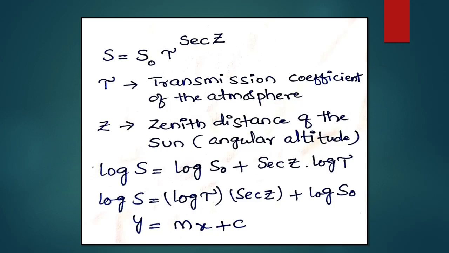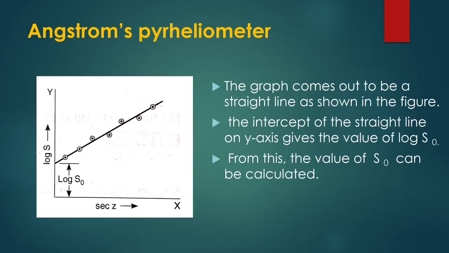By plotting a graph between log S and secant z, it comes out to be a straight line. Here secant z is taken along the x-axis and log S is taken along the y-axis. By plotting a graph between secant z and log S, the intercept on the y-axis is like this.